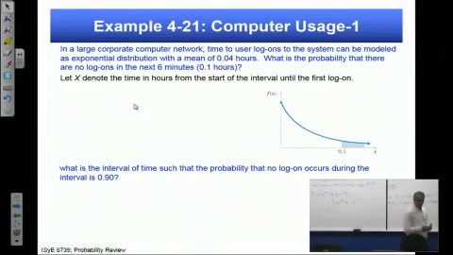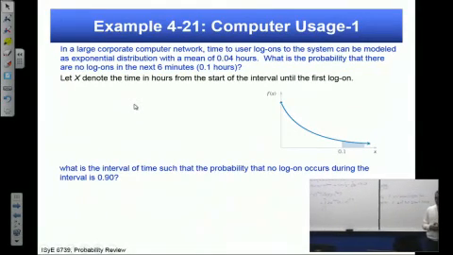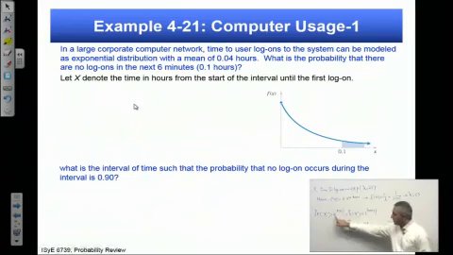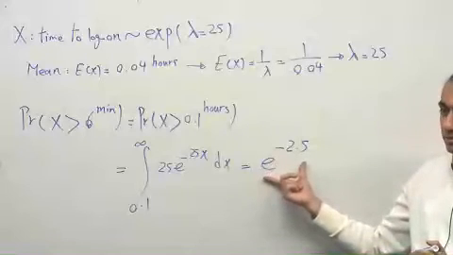So it says, what is the interval of time such that the probability that no logon occurs during this interval is 0.9? One hint: in the first part you have the number and are asked for the probability.